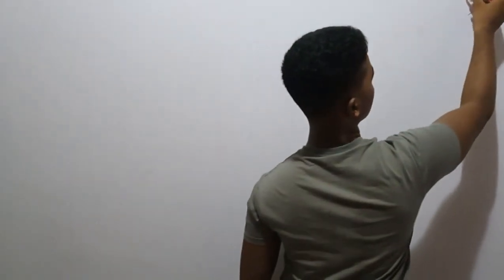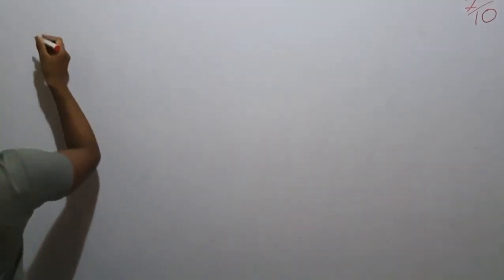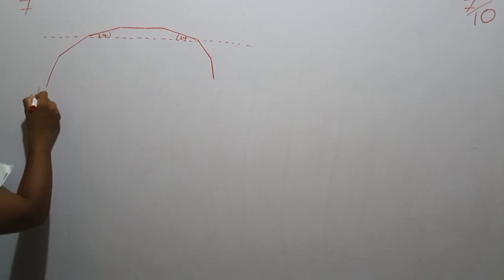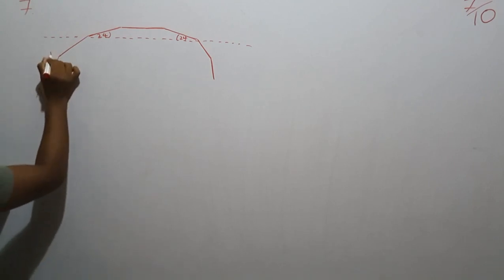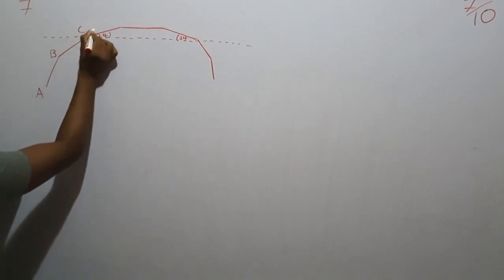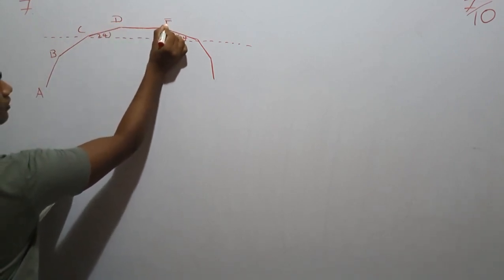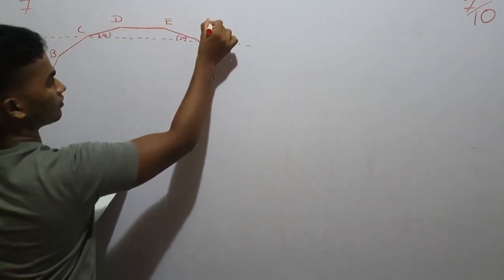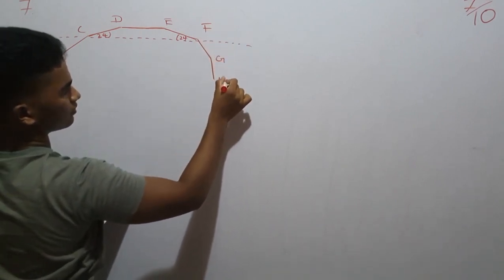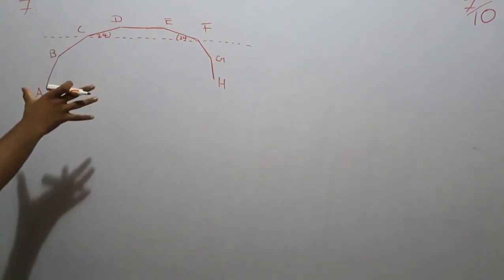So the seventh question. We have a regular polygon. The diagram shows part of a regular polygon A, B, C, D, E, F, G and H. So this is a regular polygon.